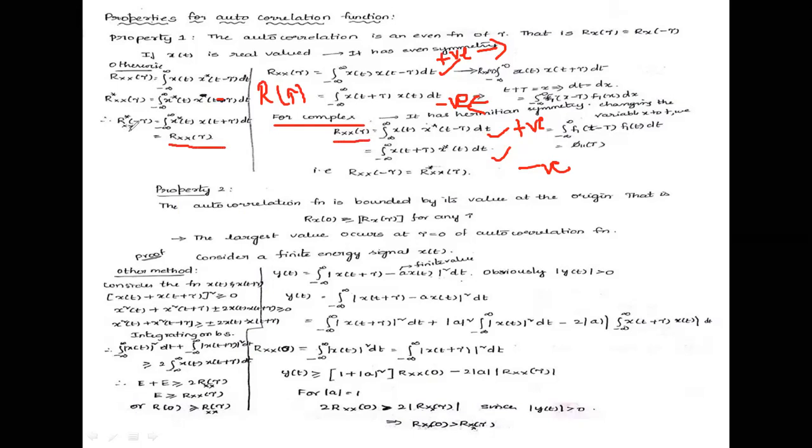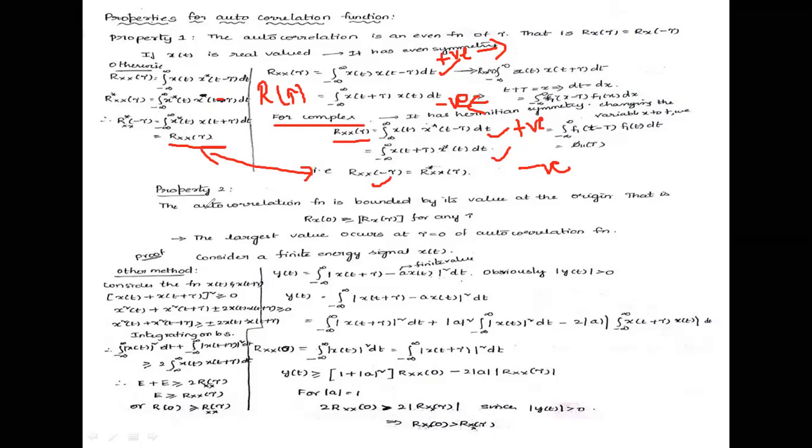So Rxx star of minus tau is equal to Rxx of tau, but here it shows that Rxx of minus tau is equal to Rxx star of tau. Take the complex conjugate on both sides again; conjugate of a conjugate becomes real, so both are equal. My dear students, this is one of the properties.